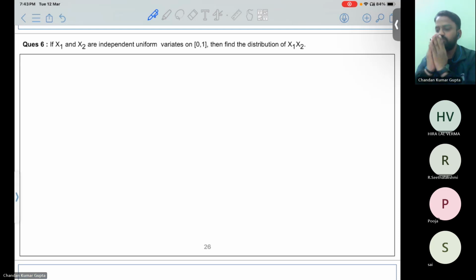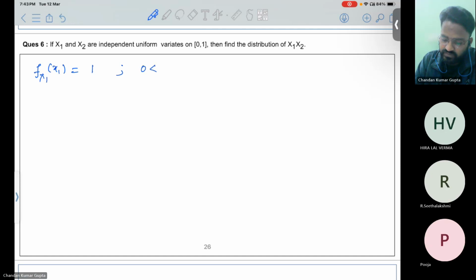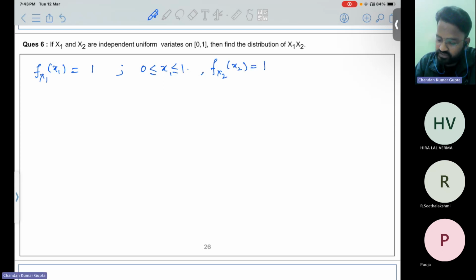Suppose f of x1 is 1 for this range, and f of x2 equal to 1 for this range, and they are independent.